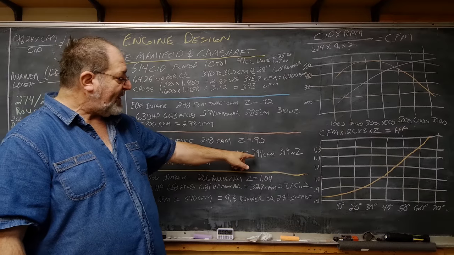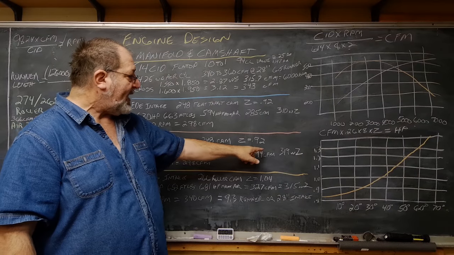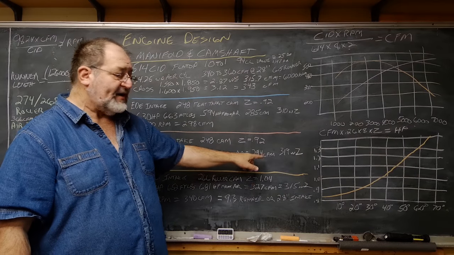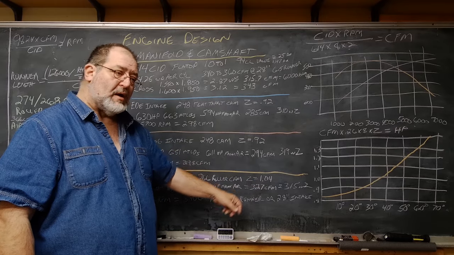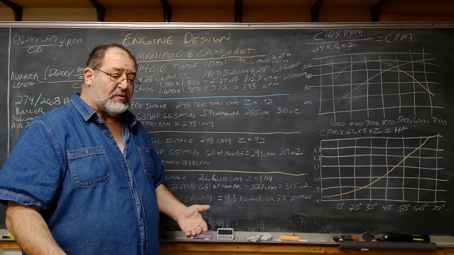Well, we're making better use of it. We're still right at about the CFM we should be. So we are not that far off at 5,700 RPM. At 65, we're probably getting a little more, but we are at a higher Z, and that is going to affect it.